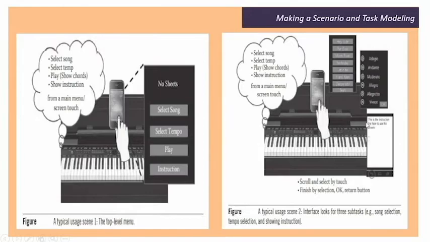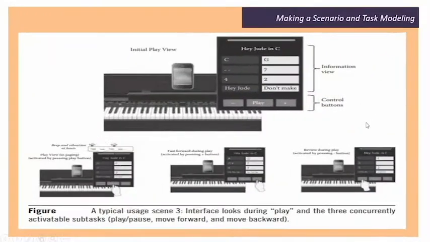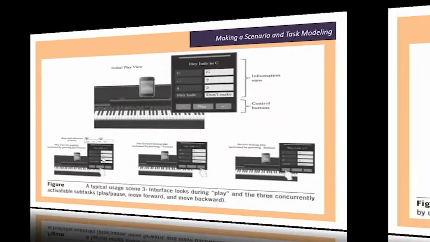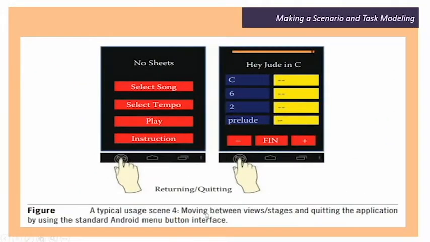And then the interface looks during play and the three concurrently activatable subtasks: play, information, and so on. And then moving between view stages and quitting the application by using the standard Android menu button interface.